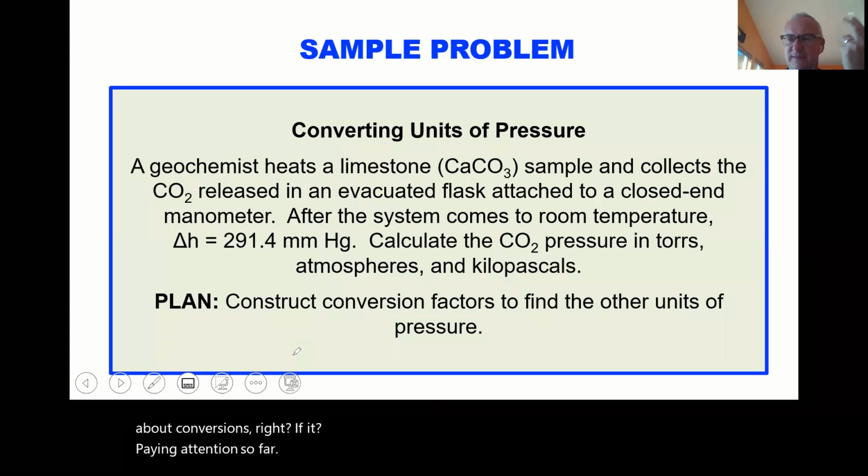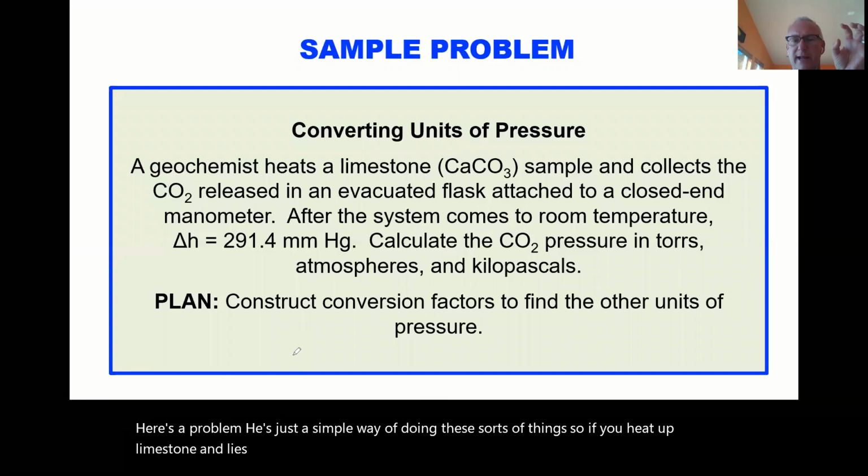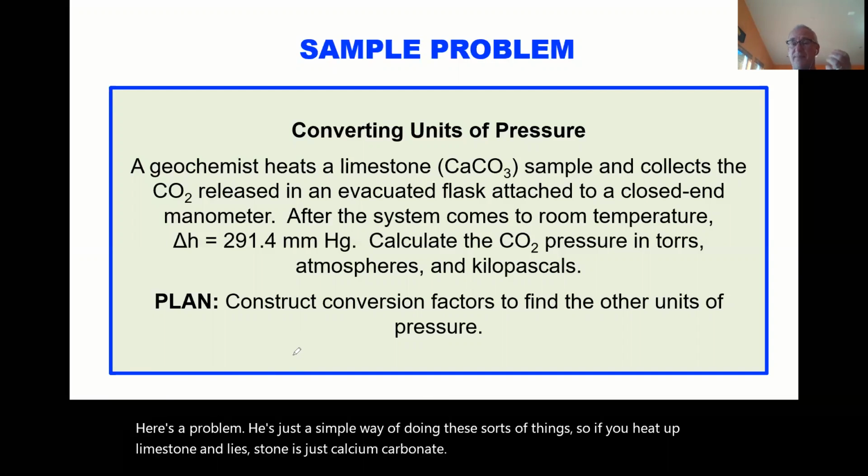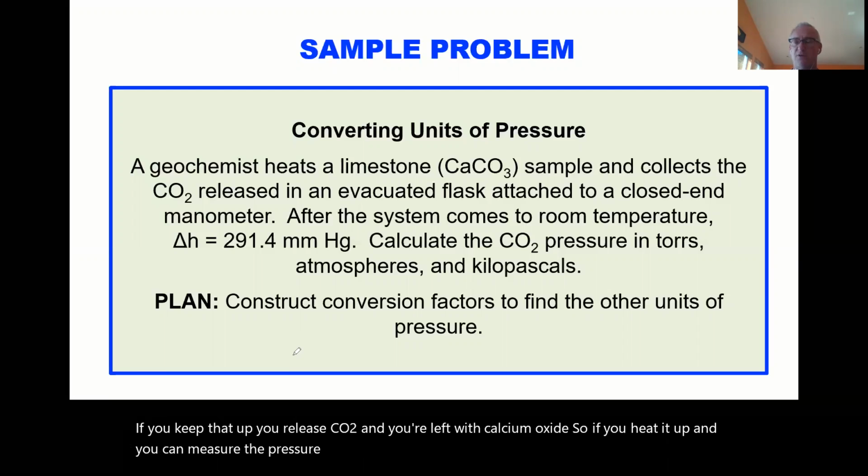So here's a problem. Here's just a simple way of doing these sorts of things. If you heat up limestone, which is just calcium carbonate, you release CO2 and you're left with calcium oxide. So if you heat it up, you can measure the pressure of the CO2 that is let off from heating the limestone.